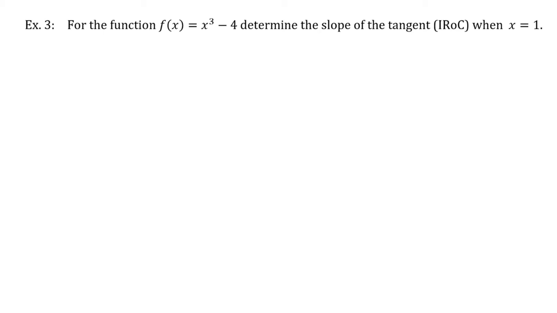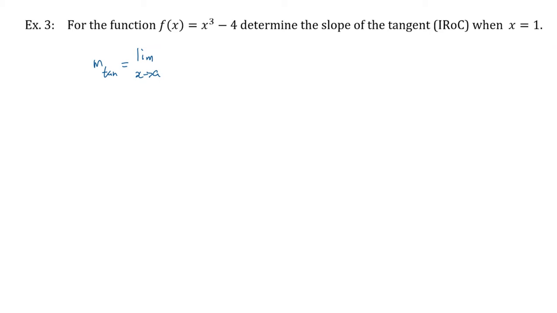Determine the slope of the tangent or the instantaneous rate of change when x equals 1. Everybody got that? So this is how we do it. Slope of the tangent equals the limit. I'm just writing down the formula as x approaches a.